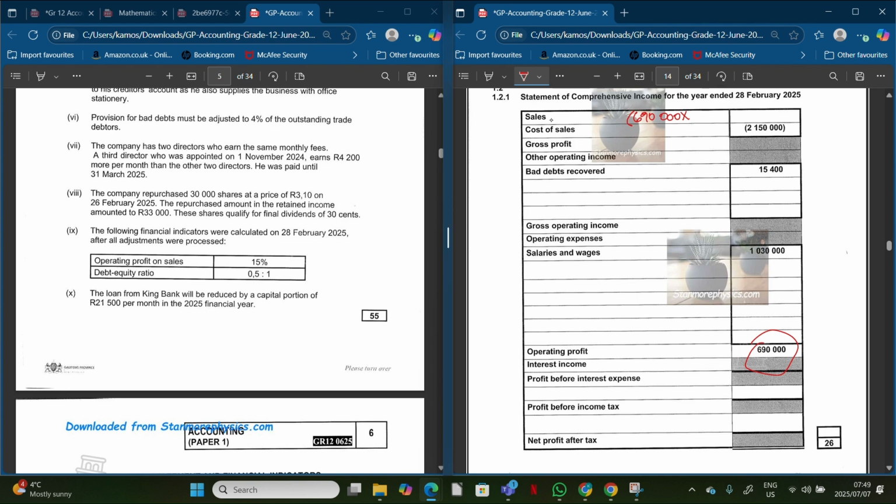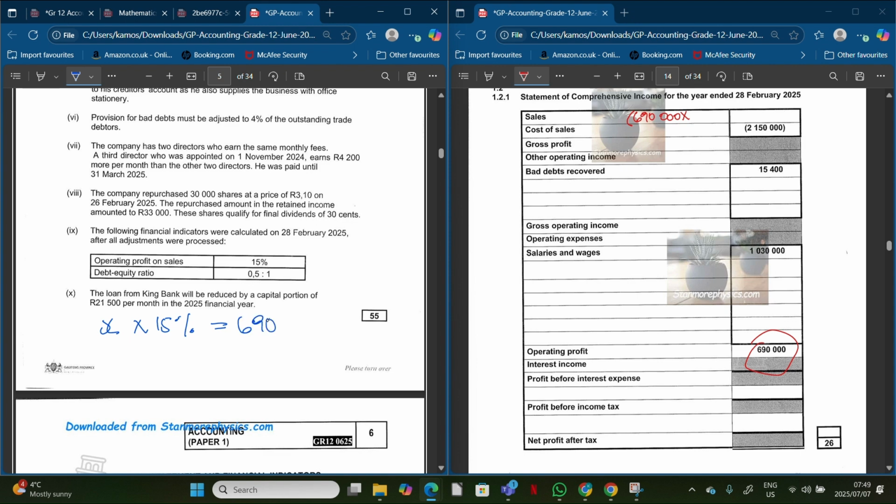Because the sales has a certain amount, and the operating profit is 15% of sales. So if you take the amount of sales and multiply it by 15%, you get the 690,000.